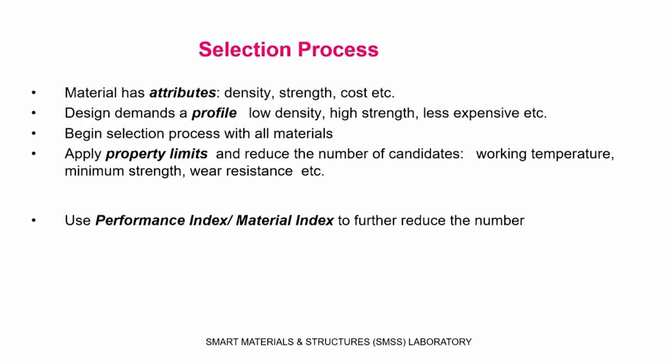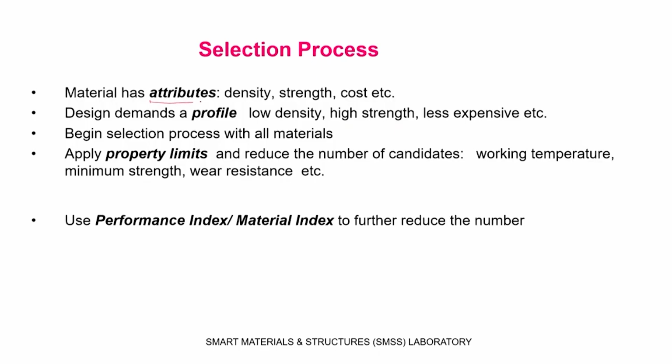Now, when we talk about the selection process, the first important thing we have to keep in mind is that, like us, we have many features in our personality. When you write your CV, you put all those features. Like that, every material has certain attributes. We call them attributes.